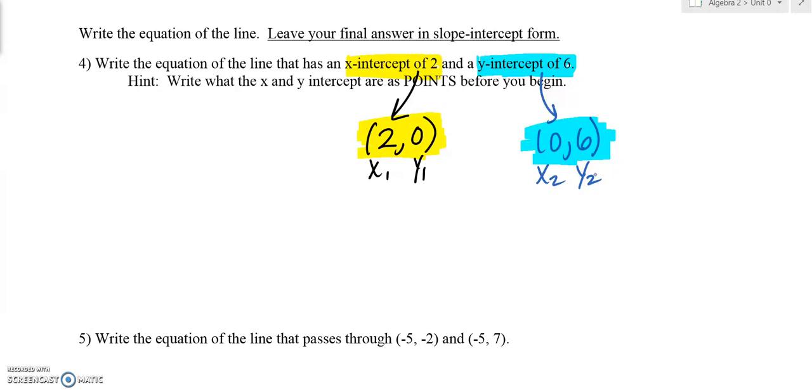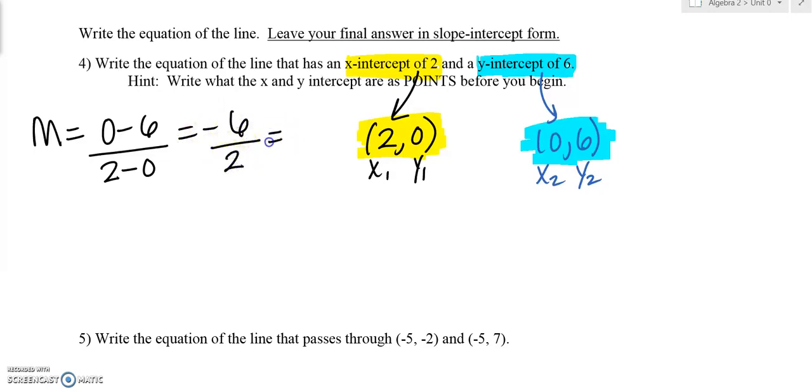And just like the previous problem, I'm going to use those to get my slope. So m equals 0 minus 6 over 2 minus 0. On the top, I have negative 6. On the bottom, I have 2. Go ahead and divide those, and I get m, my slope, is equal to negative 3.